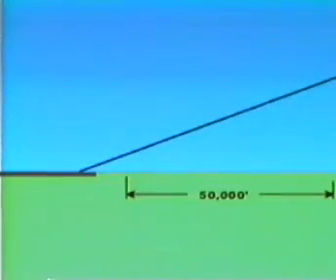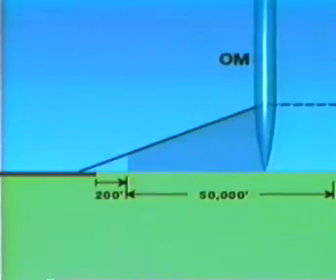Now let's take a look at the criteria used during a precision approach, specifically a Category 1 ILS. The protected area of a Category 1 final approach extends outward 50,000 feet from a point beginning 200 feet from the runway threshold. However, only that portion which is between the 200-foot point and glide slope interception is used.